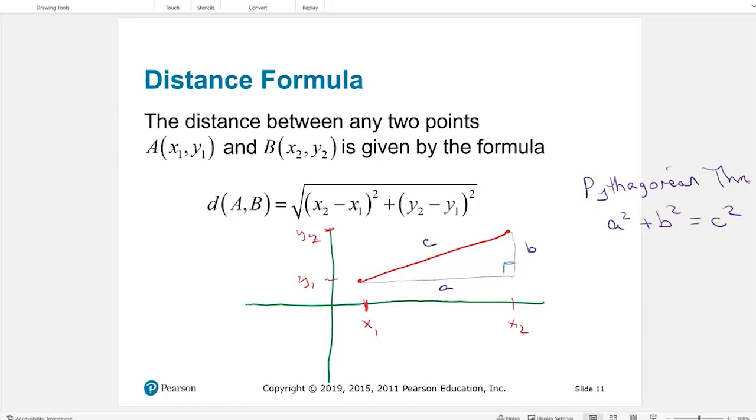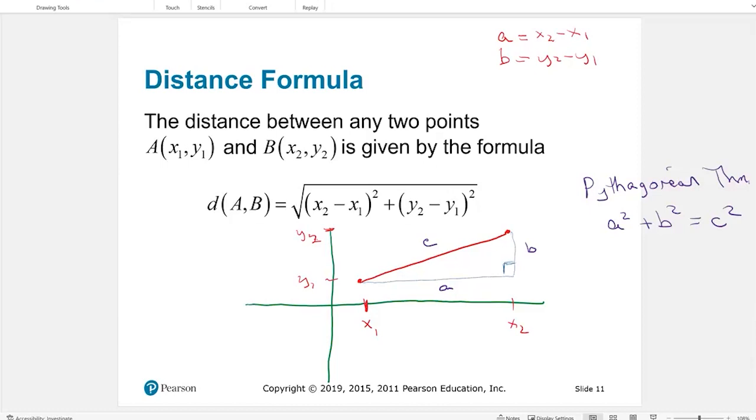So I'll always know the distance between the two values, because A is going to equal x2 minus x1, right? The bigger number minus the smaller number. That gives me the distance between those two values. And B is going to equal y2 minus y1, the distance between those two values.